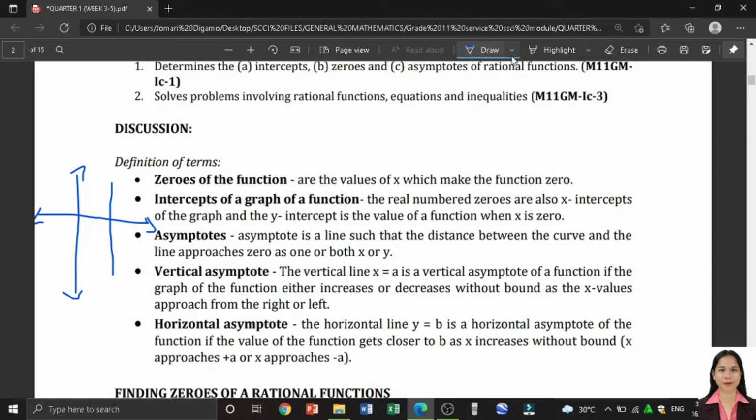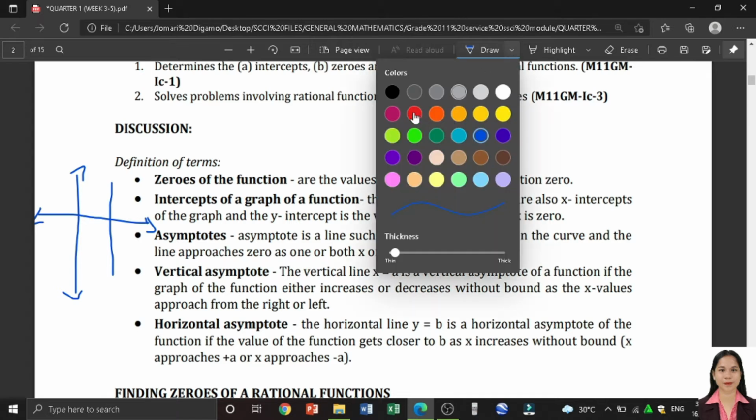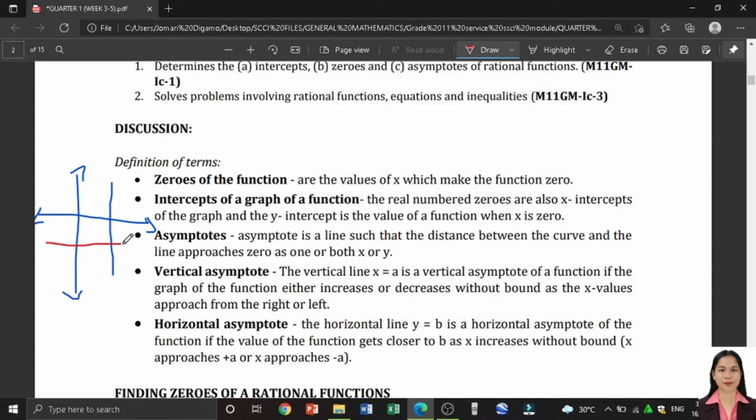So, say for instance, we have here, so this one is the horizontal asymptote. It intersects the y-axis.